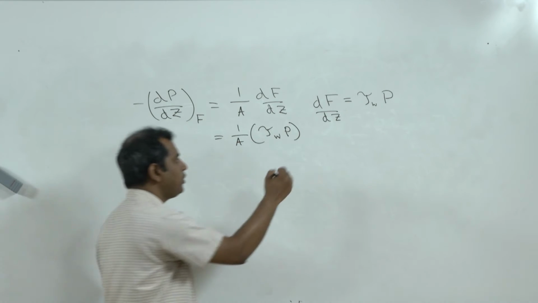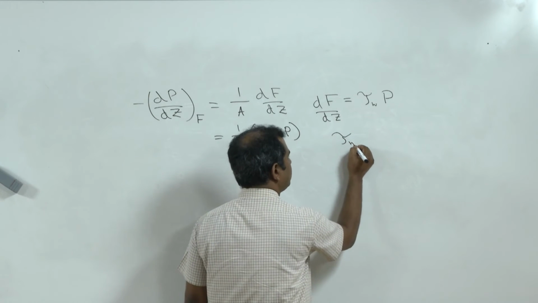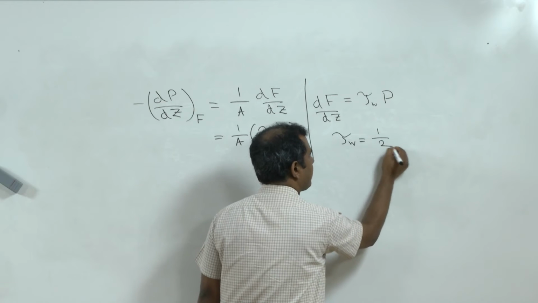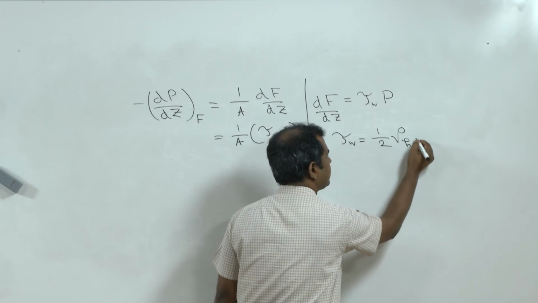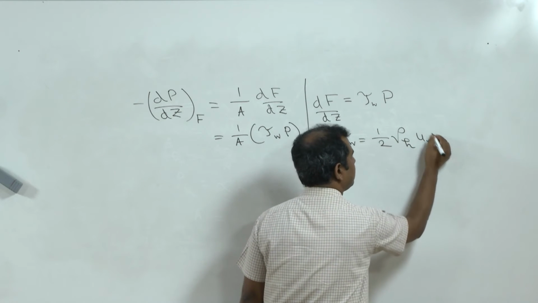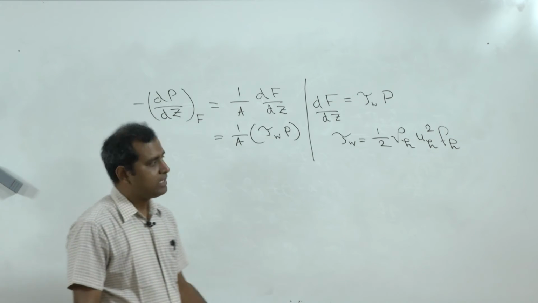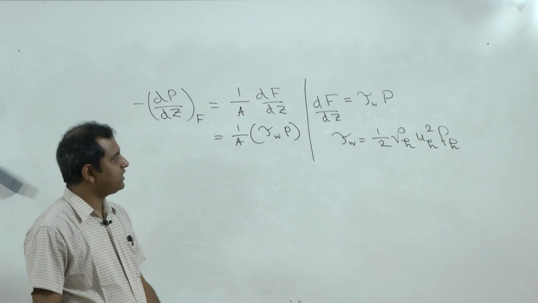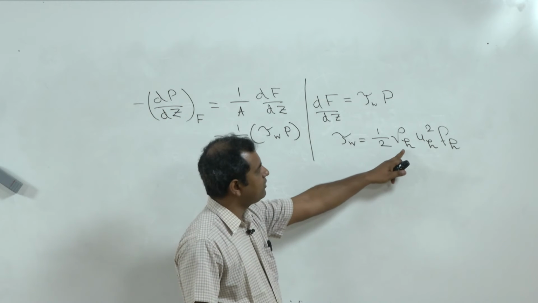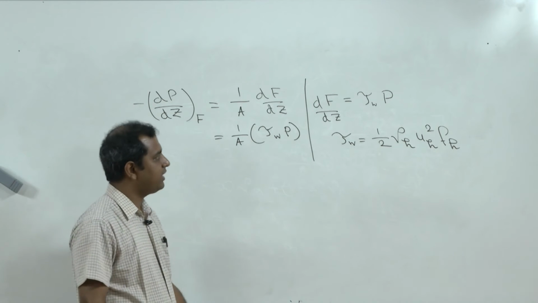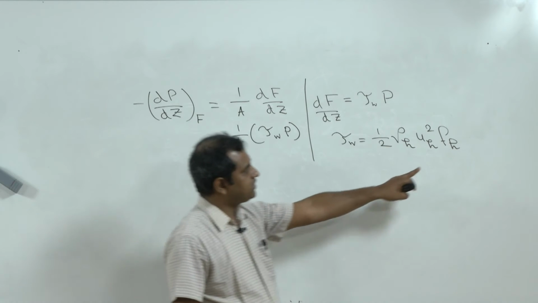Tau W is the shear stress. We know from fluid mechanics that tau W can be written as half rho h UH whole square into the friction factor FH. This friction factor is the homogeneous friction factor, and along with it we have rho h into UH square multiplied by half. Now, how to find this friction factor?